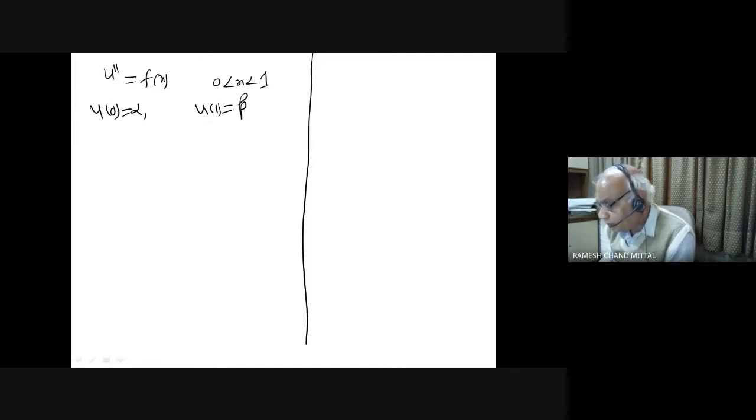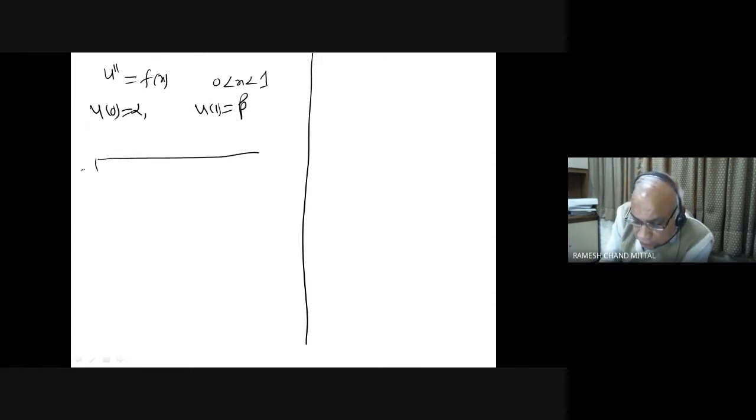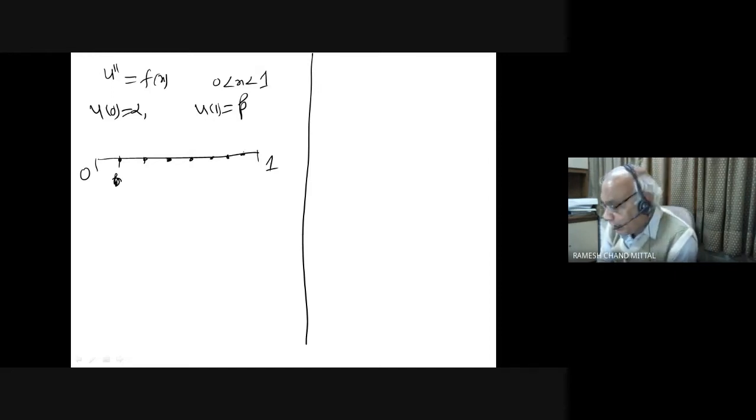Now, what I have to do is approximate. So this is from 0 to 1, and I take step length h. So I select my points as equidistant. I'm not drawing a mesh, but I select my points at equidistant. That's what I do. Now there are 0 and 1.